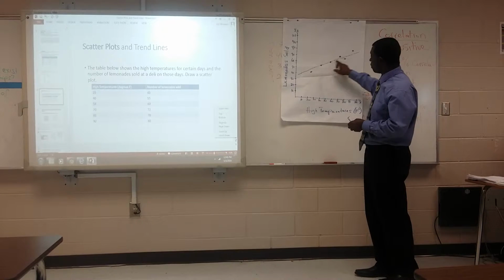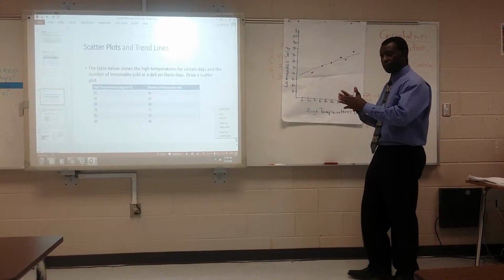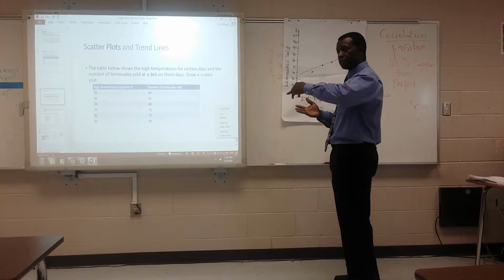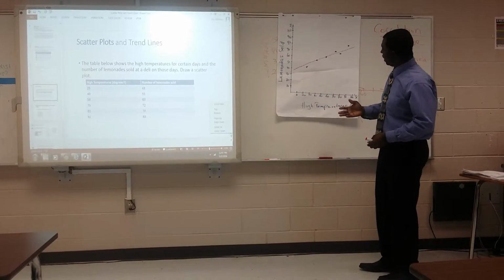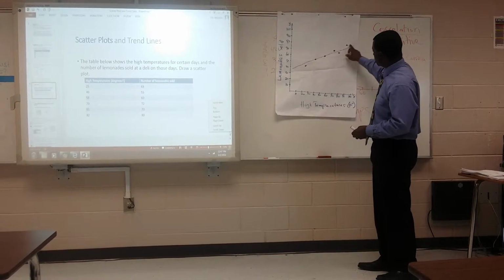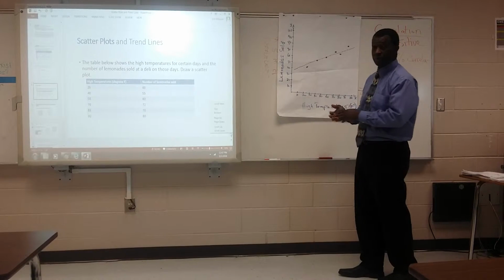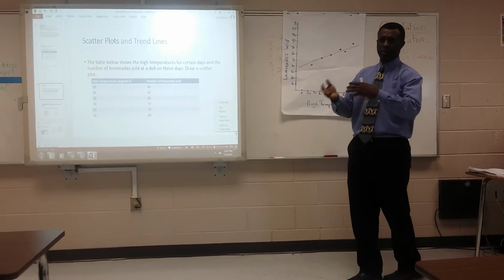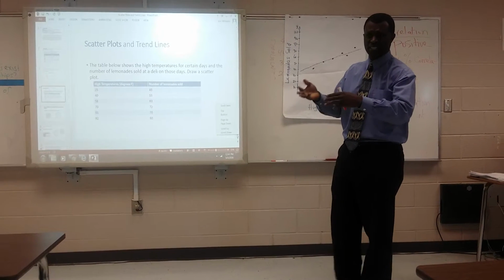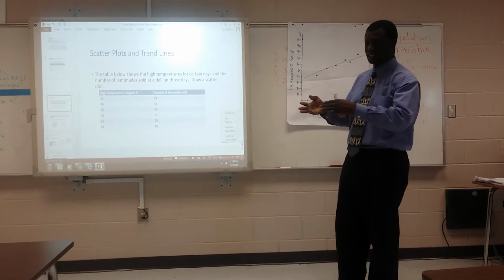This line is what we call a trend line. It is a line drawn so that we have about half the number of points above it as we have below it, okay? And so this here is not a perfect relationship. However, the correlation between the two variables is still very strong. Giving it a numerical value, we can say it's about 90%.